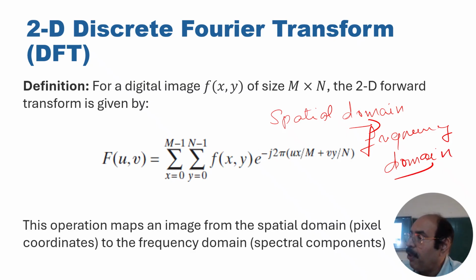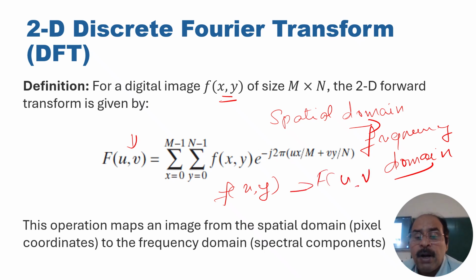That is, the term x y is converted to u v. F of x comma y is converted into F of u comma v. This is in spatial domain and this is in frequency domain.